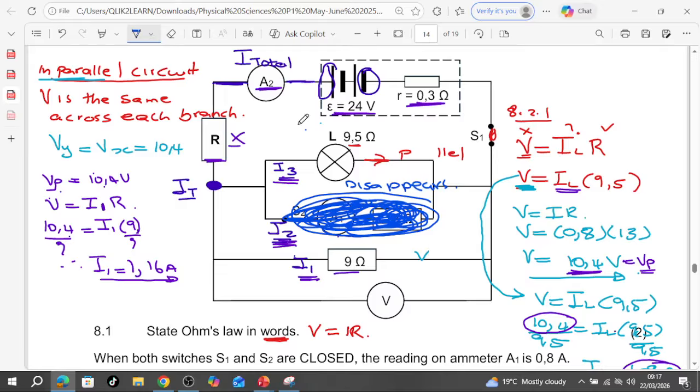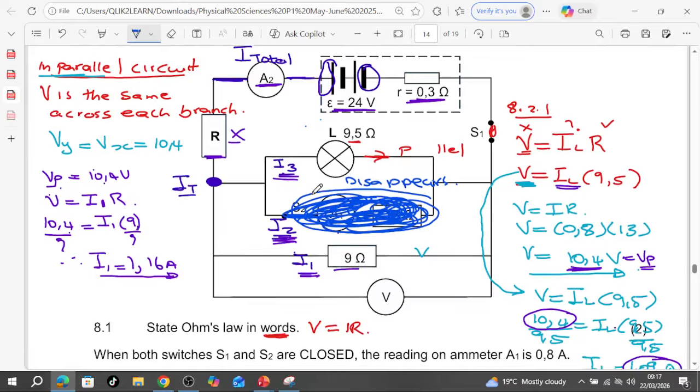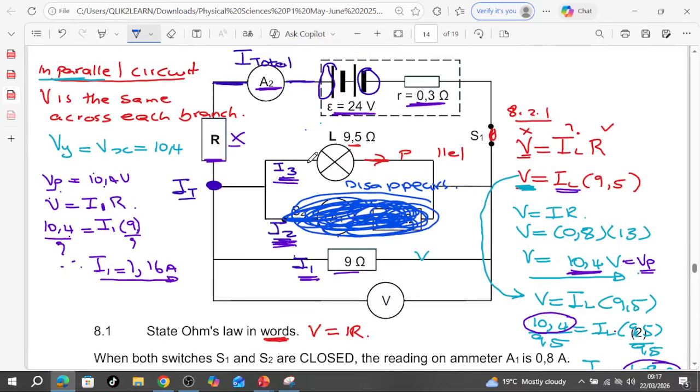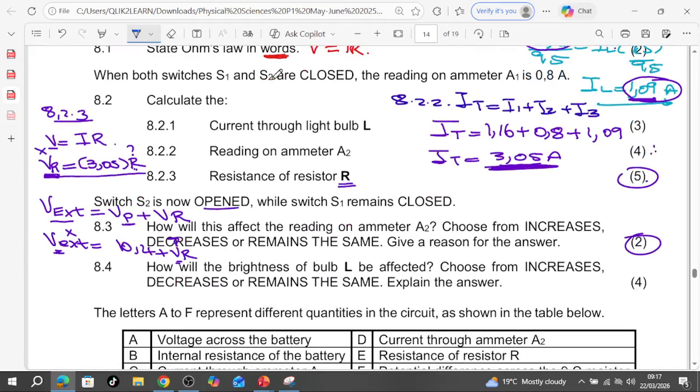So it disappears. Right. So now let's go and analyze A2. What will happen to the ammeter A2? Because one branch disappeared now, how is this affecting A2? What does A2 measure? That's what you need to ask yourself, because the question is saying, how will this affect the reading on A2?